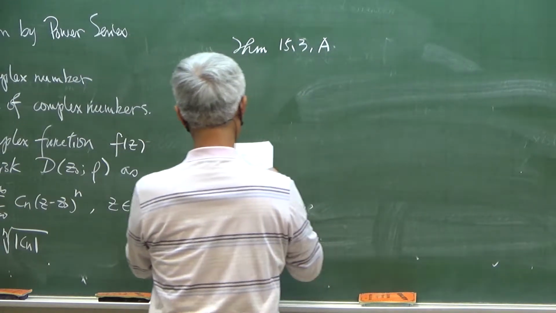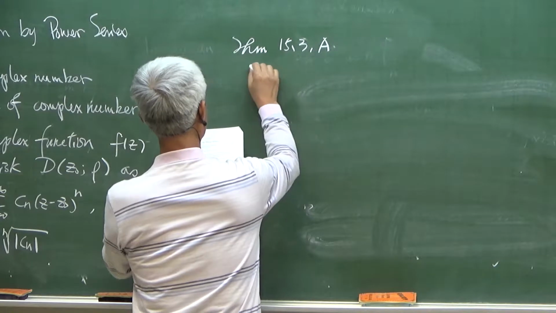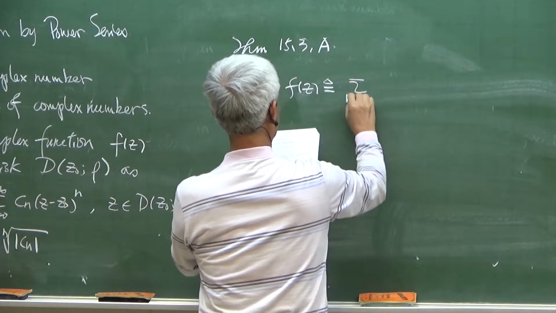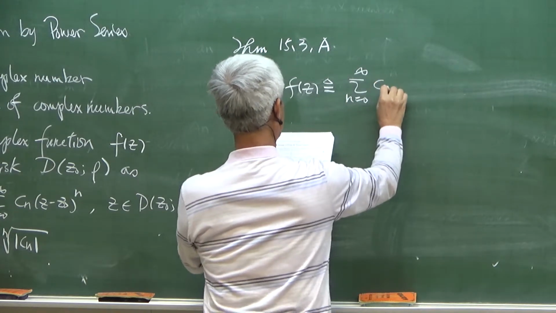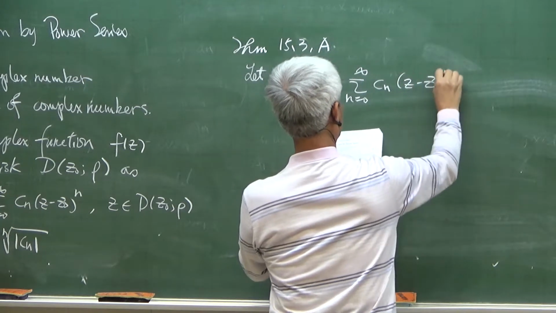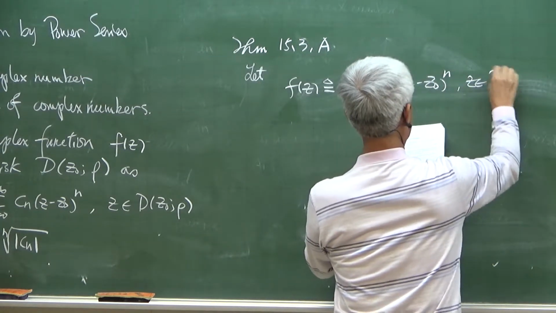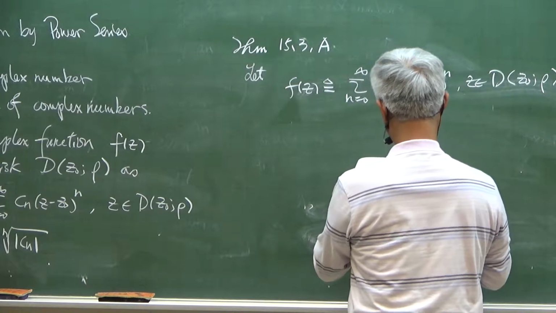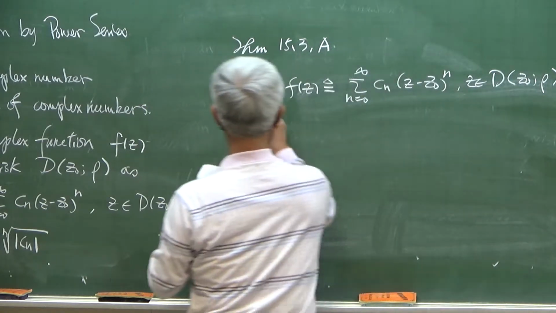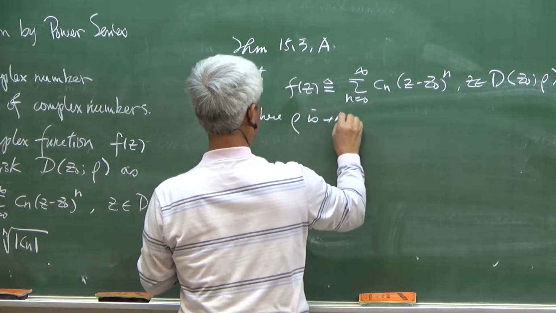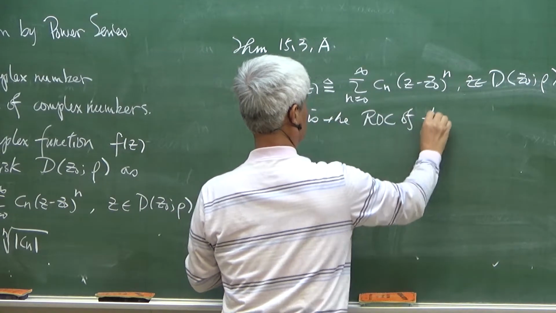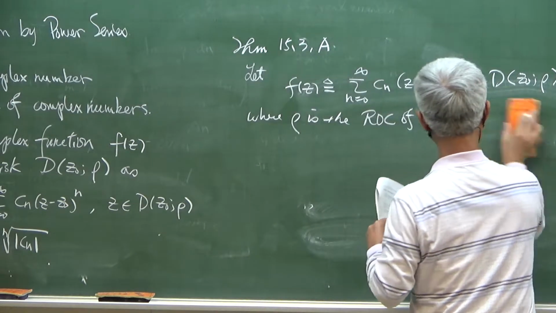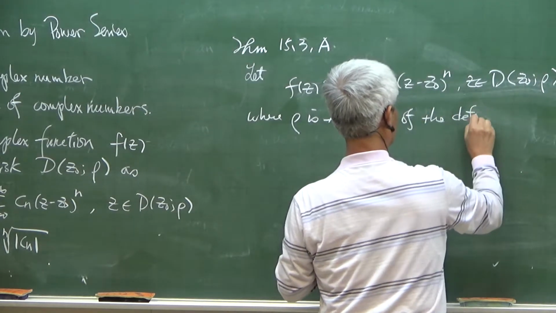First of all, we are given a function by a power series, where rho is the ROC of the defining power series.